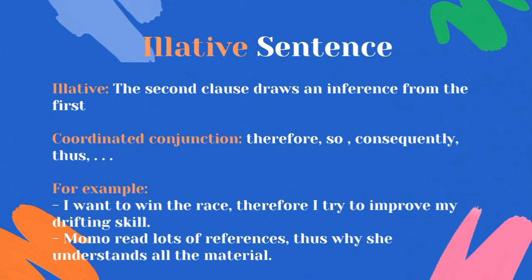Thus, she understands all the material. From the sentence, we know that the first clause shows the cause of the second clause, and the second clause shows the impact of the first clause, and the second draws an inference from the first.